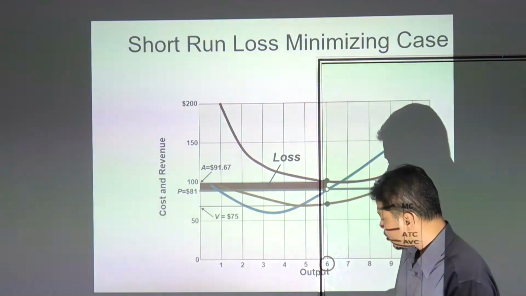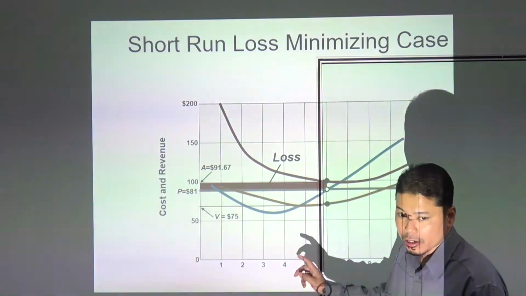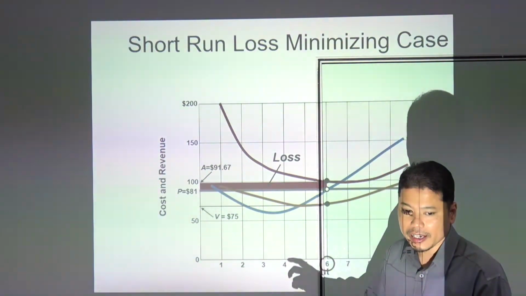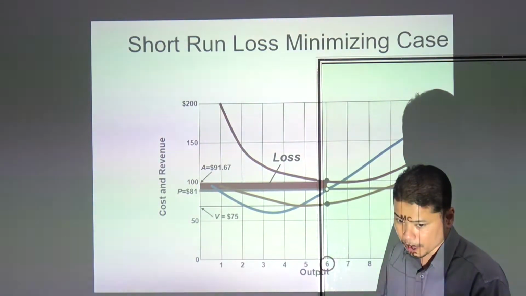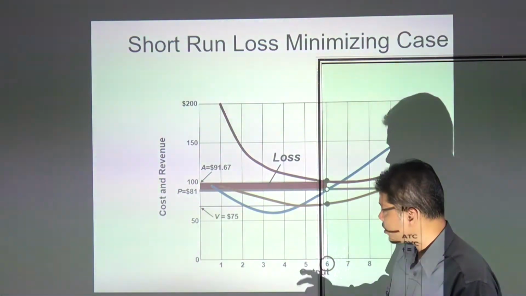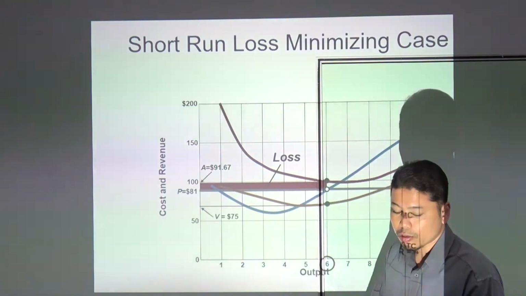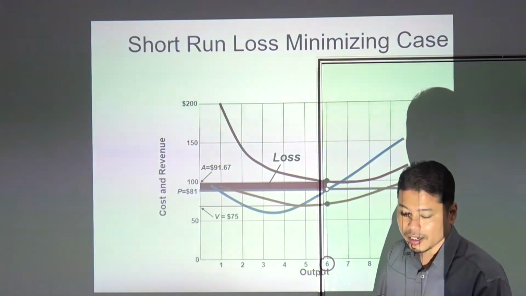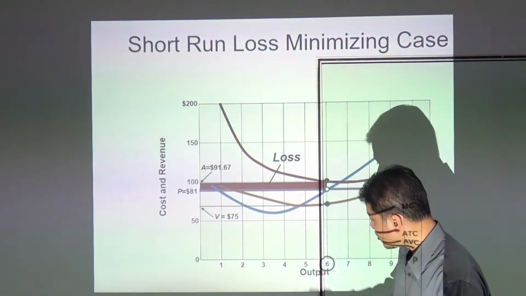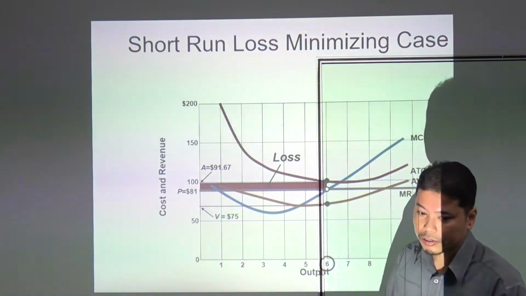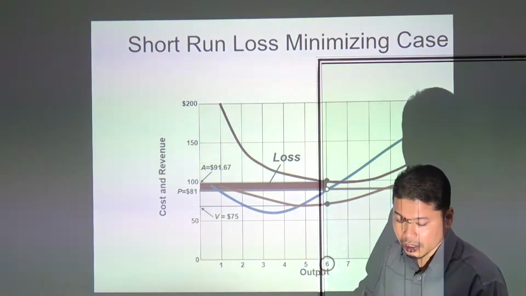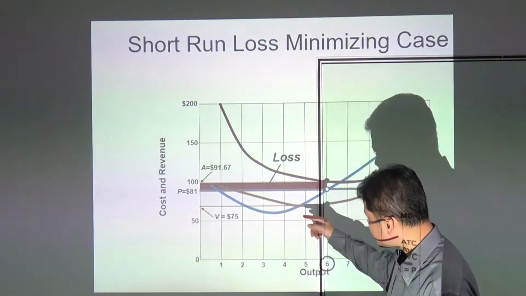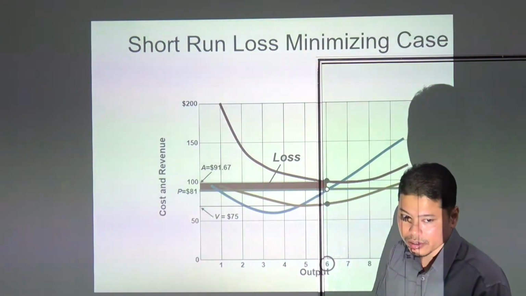When we compare price and average total cost, we are able to identify whether the firm is making losses or making profit. But if the firm is making losses, then we go to another indicator, which is to compare the price and average variable cost. If the price is below average variable cost, then we should close down. But in this example, the price is above average variable cost.